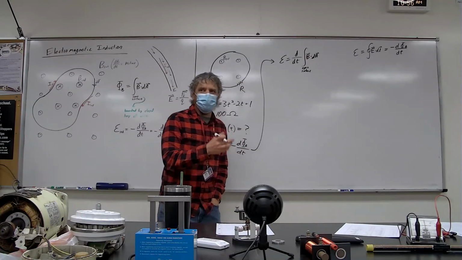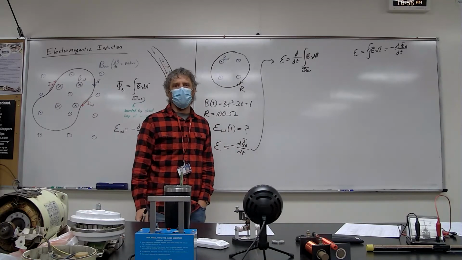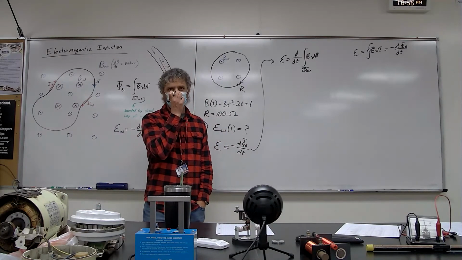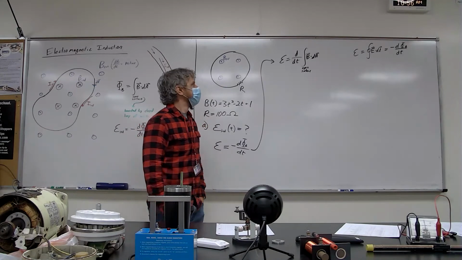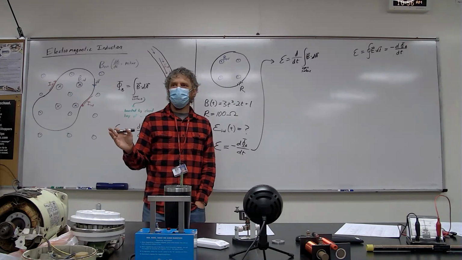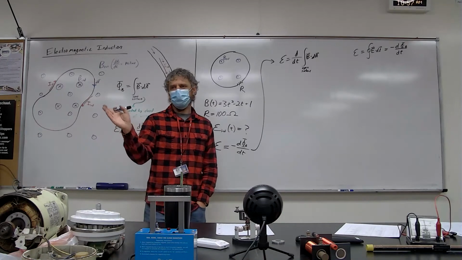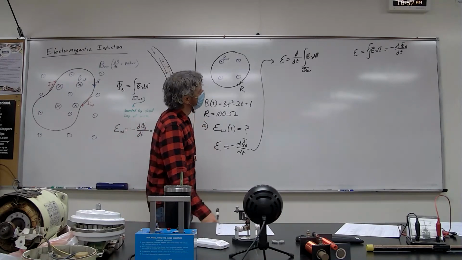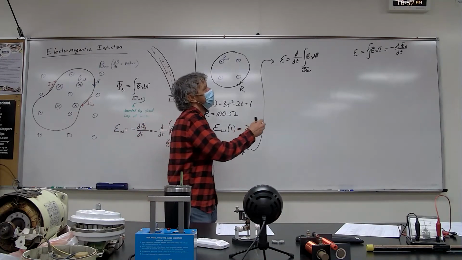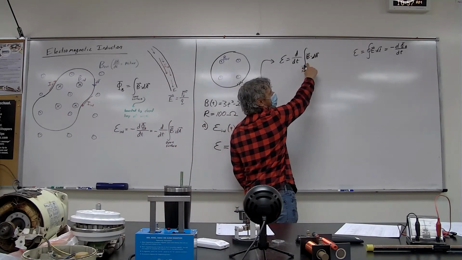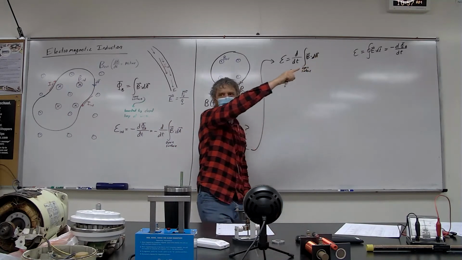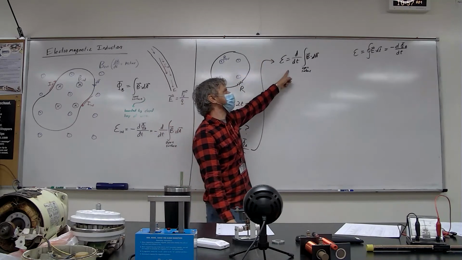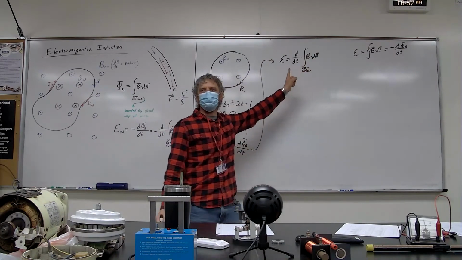This is where students get stuck, because you've got the derivative of an integral, and students kind of freak out about that. Second FTC. Yeah, I forgot about all that stuff. But the thing here is that I'm integrating with respect to the area, and then I'm differentiating that with respect to time.